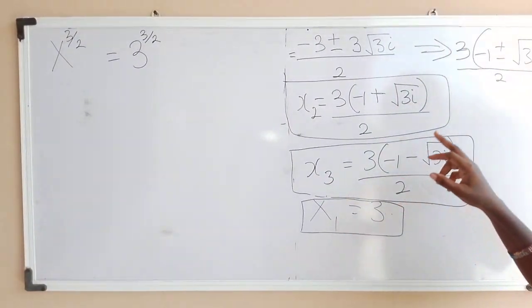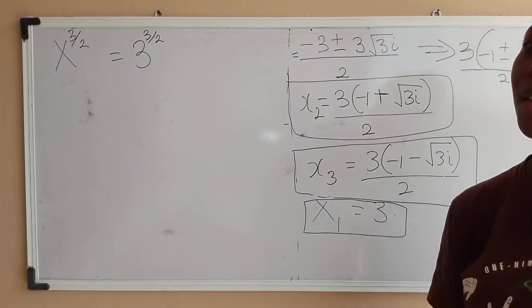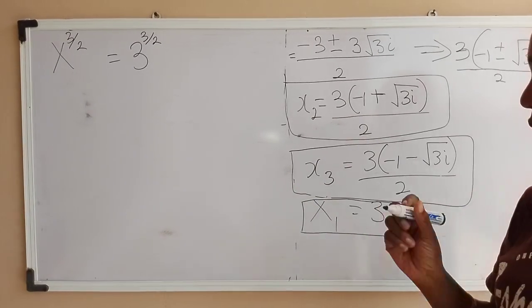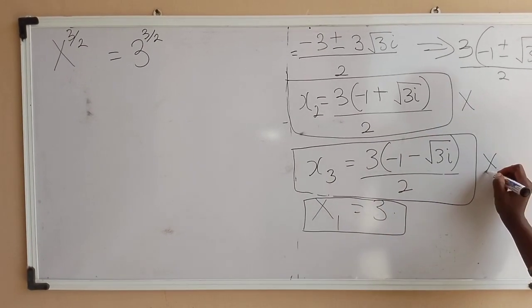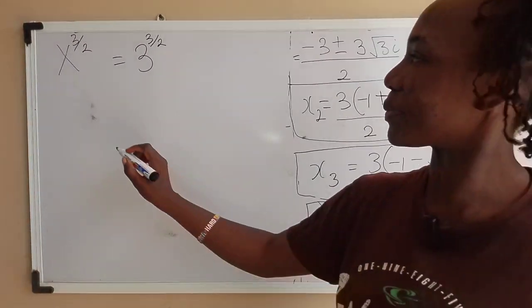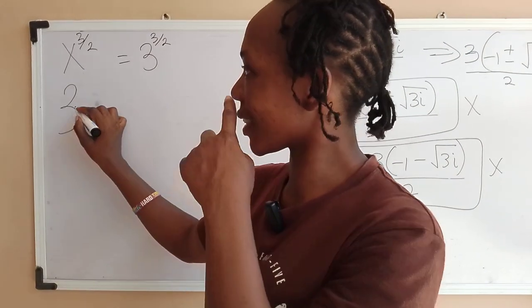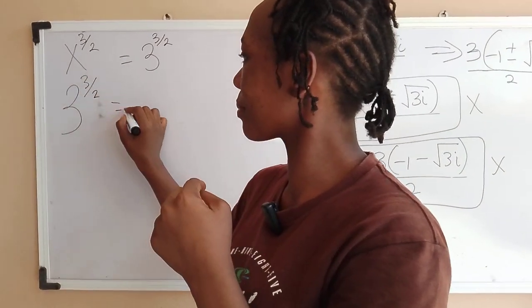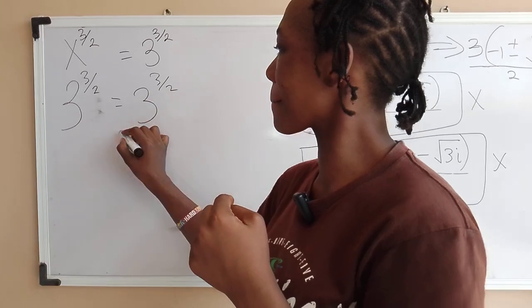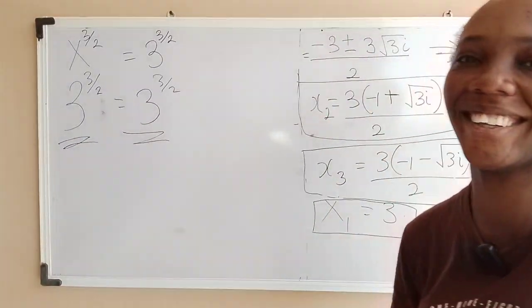We put any of this, there is no way. So there's no point bothering. This is not going to fit in. Let's try this one. So putting our x as this, what do we have? Very easy.